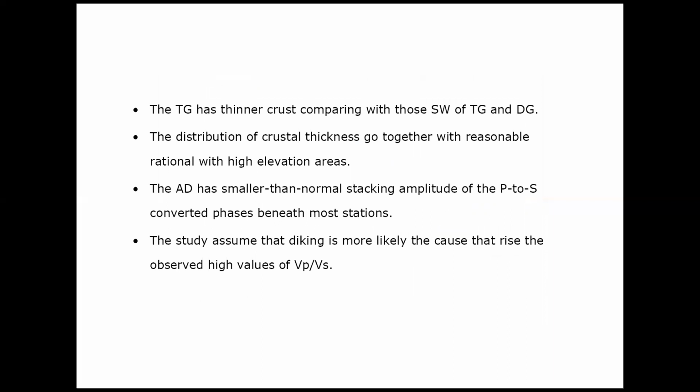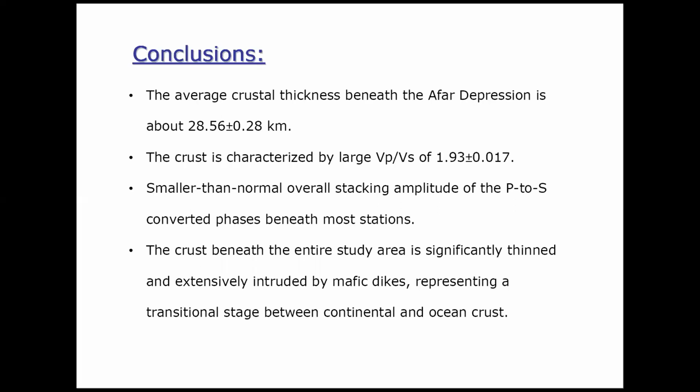The Afar Depression has smaller than normal stacking amplitudes of the P to S converted phases beneath most stations. The study assumed that diking is more likely the cause of the observed high value of VP over VS. The average crustal thickness beneath the Afar Depression is about 28.56 kilometers.